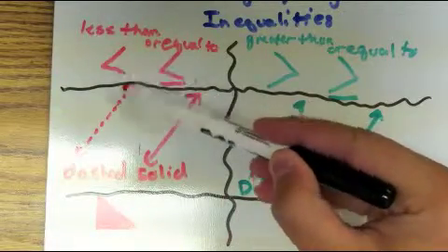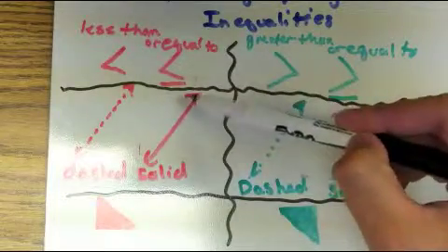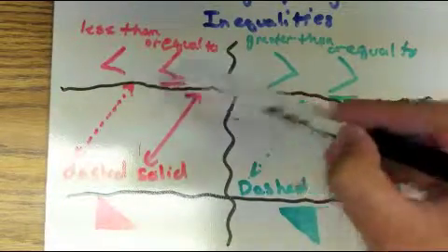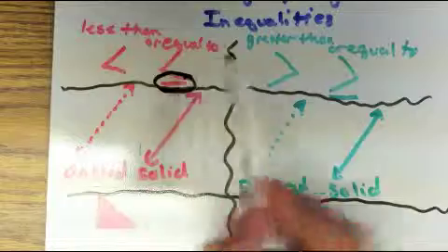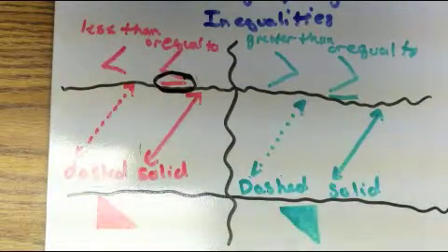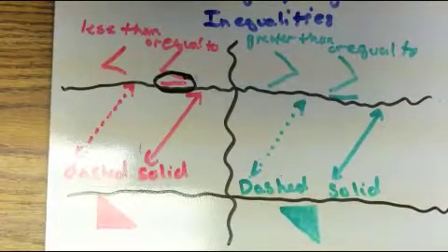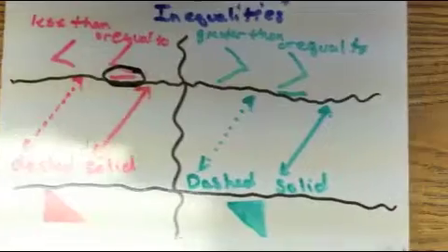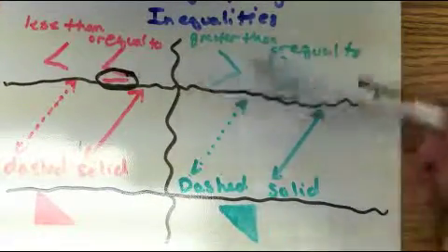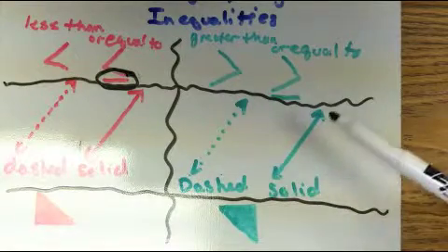So if you have this symbol, it's dashed. If you have less than or equal to, when you hear that equal to with that extra line, remember this line right here, you're going to be using a solid line. So when I tell my students we have the solid line underneath, we're using the solid line on our graph. Moving across, once again, if it's just a plain old greater than, no extra line, it is dashed or dotted.